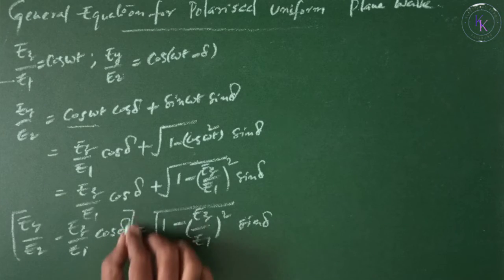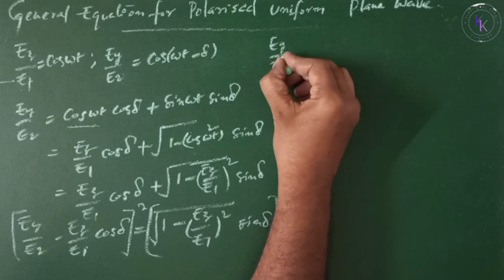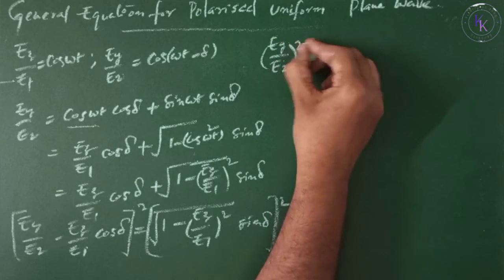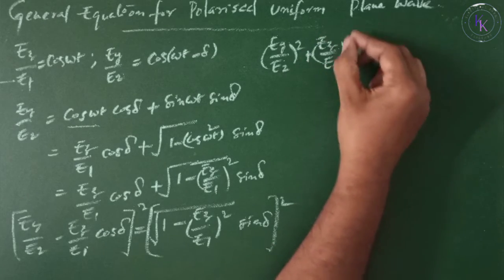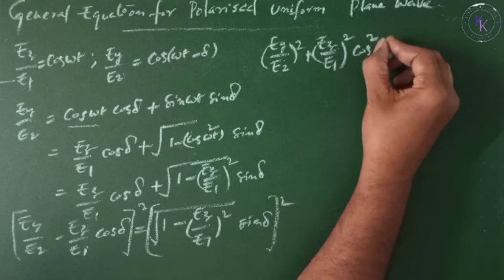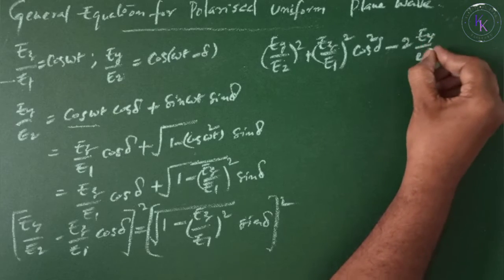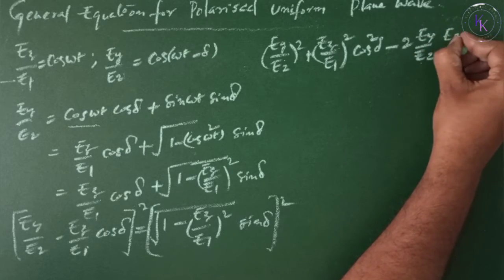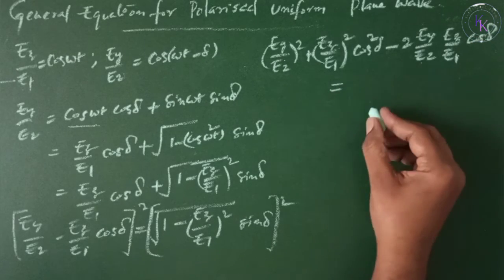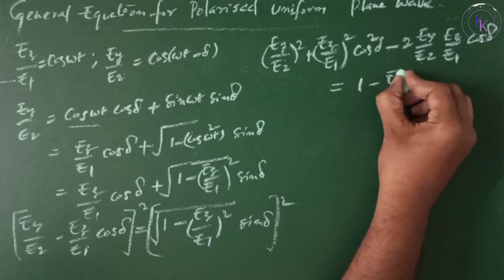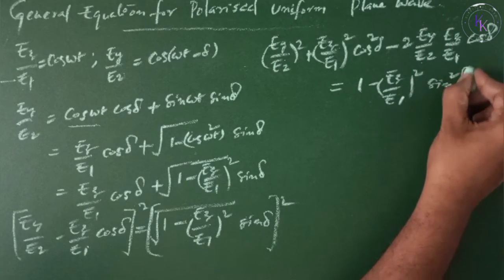Now, squaring on both sides, (Ey by E2) whole square plus (Ez by E1) whole square cos square delta minus 2 Ey by E2 Ez by E1 cos delta equals, on the right hand side, 1 minus (Ez by E1) whole square, times sin square delta.